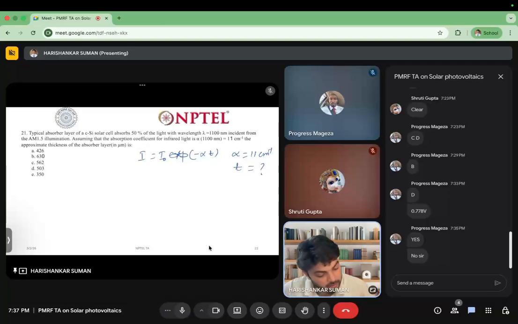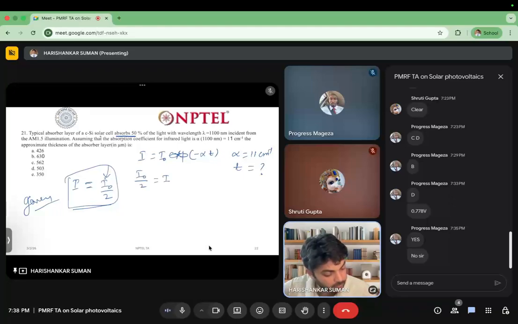And absorption is 50%, so I equal to I naught by 2. You have been given 50% means half. Just put this number in and now solve. This is I by 2, 50%.